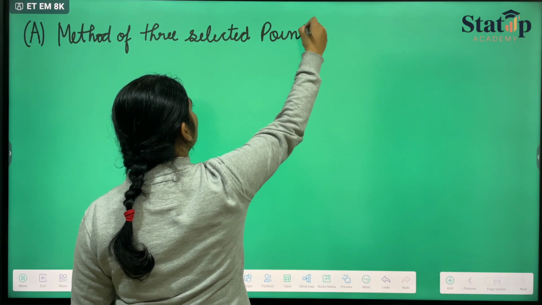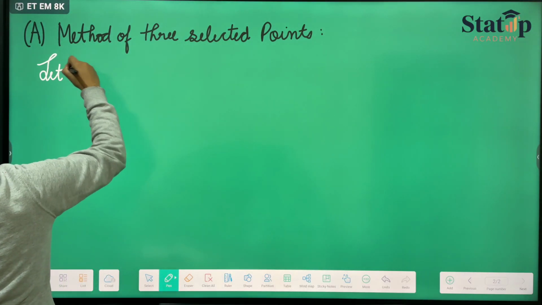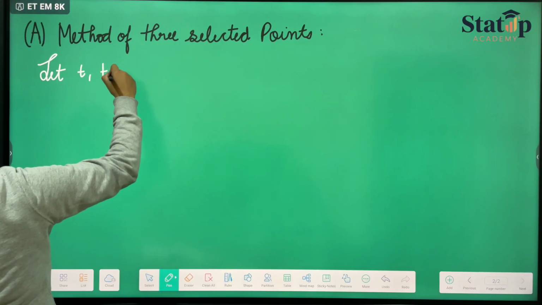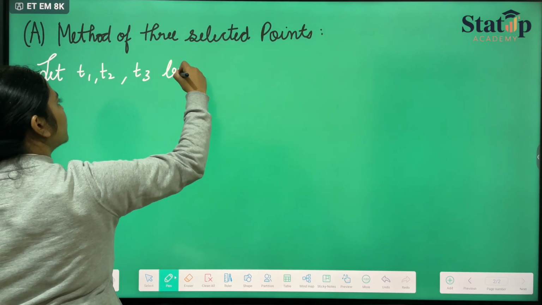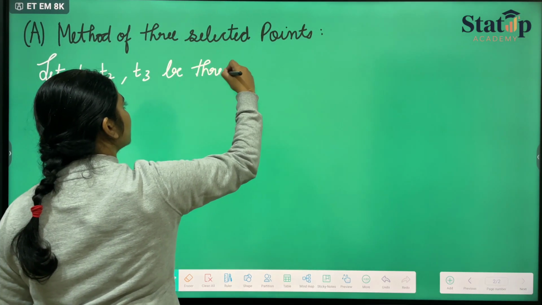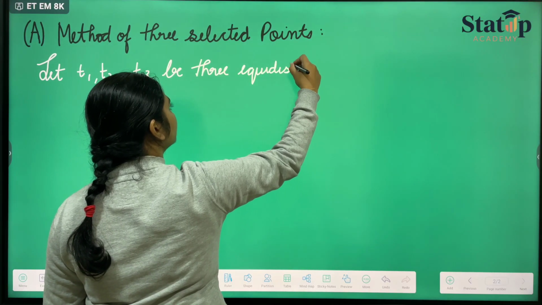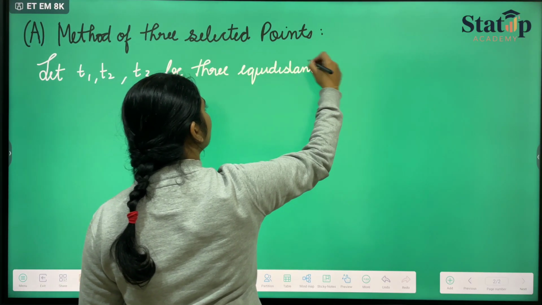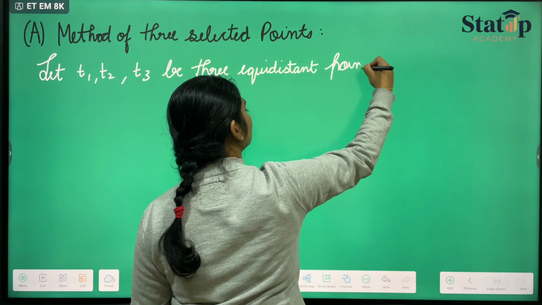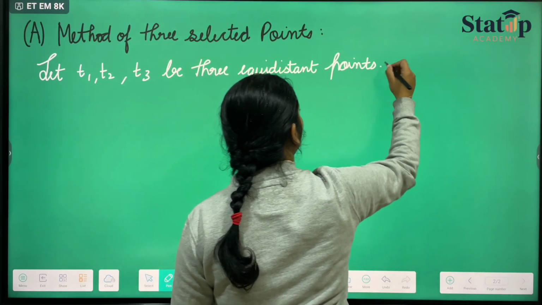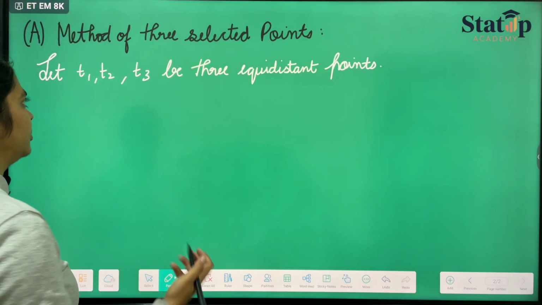In this again we'll take T1, T2 and T3 to be three equidistant points and has corresponding values as yt1, yt2 and yt3.